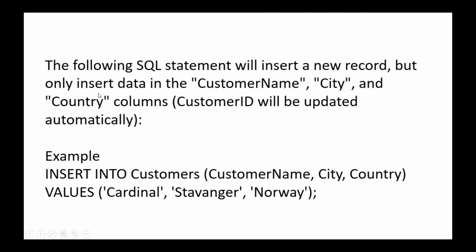Then we have this, and it says the following SQL statement will insert a new record, but only insert data in the customer name, city, and country. So this was specifying where we want to insert data. This table could have more columns than this, but these are the columns that we want to insert data into for now.